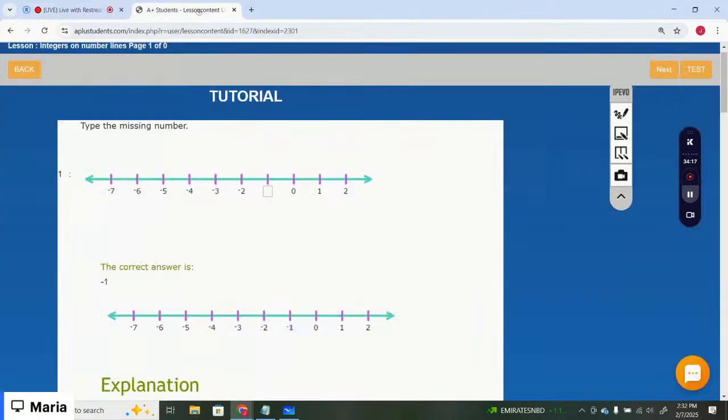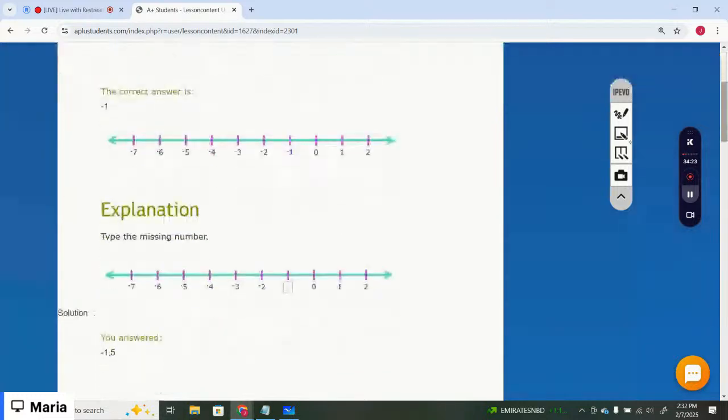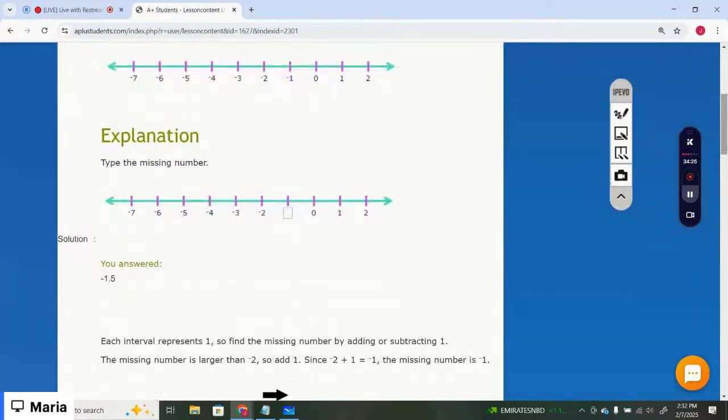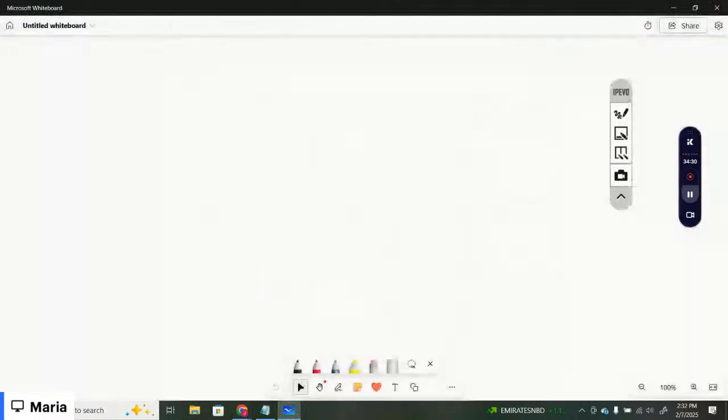So you need to find the missing number between 0 and negative 2. So that would be negative 1. So the first thing you need to understand is the number line. Let me just explain.